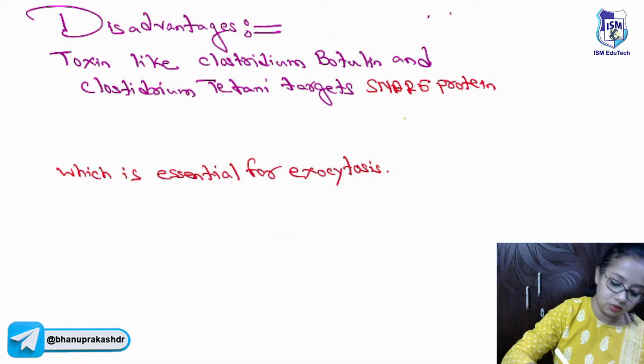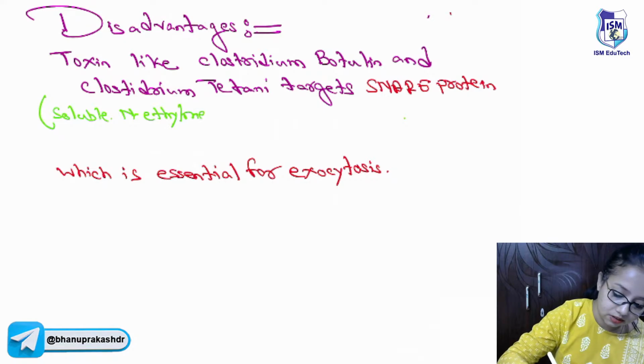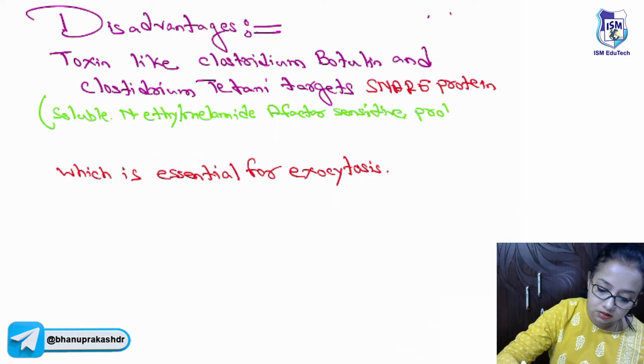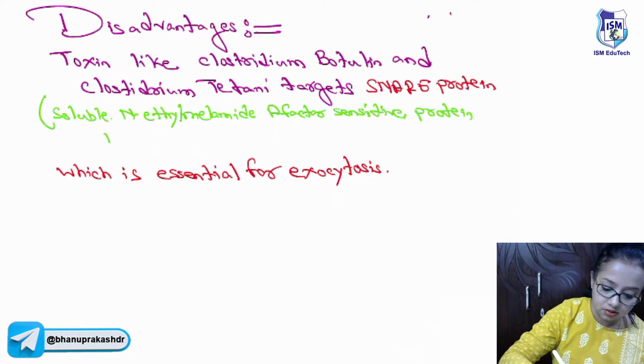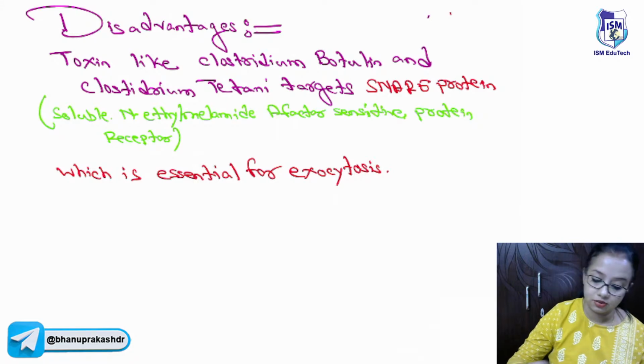SNARE protein, the full form is Soluble N-ethylmaleimide-sensitive factor Attachment protein REceptor. Now, this is essential for exocytosis.